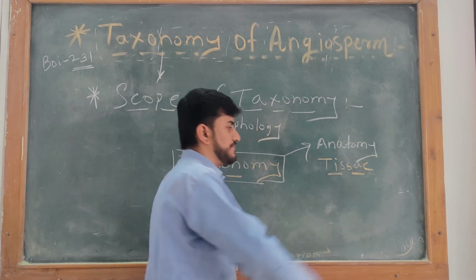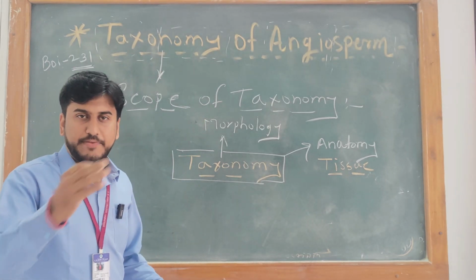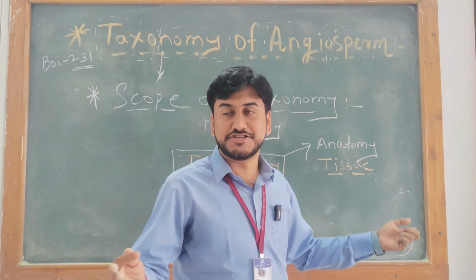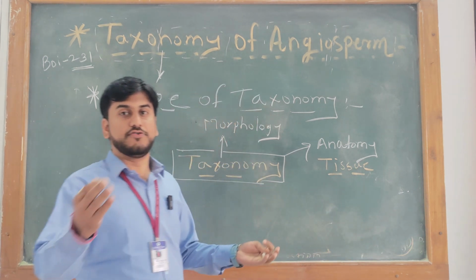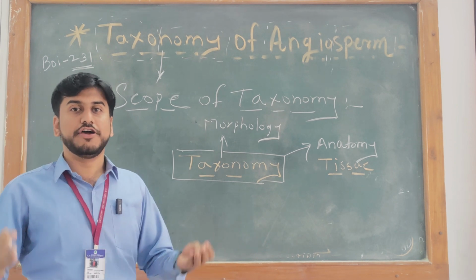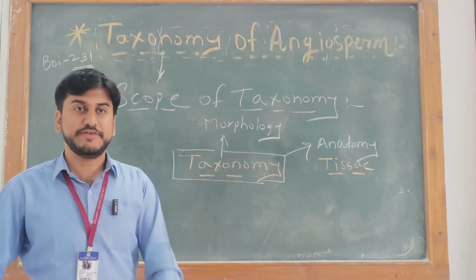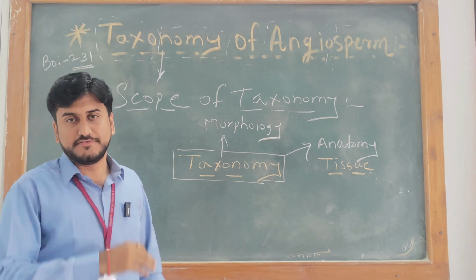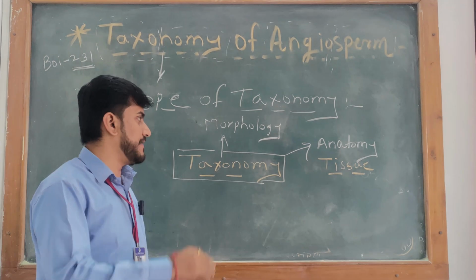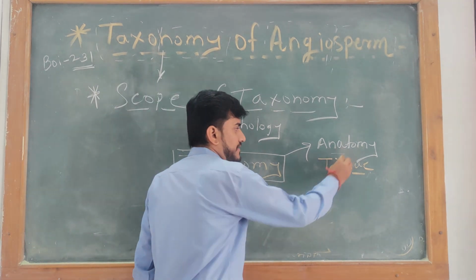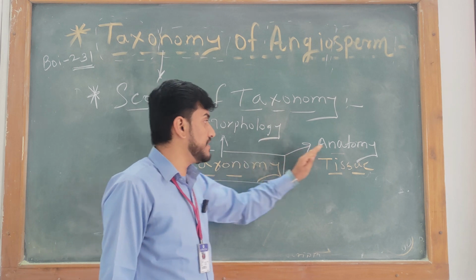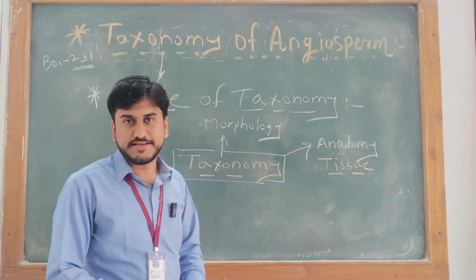Different tissues are present inside the plant body, for example epidermis, hypodermis, cortex region, parenchyma, sclerenchyma, collenchyma, xylem, phloem, vascular bundles, and the last one is the pith. So this is the anatomical feature, the internal structure. You have to observe it under a microscope, which is known as anatomy. So in taxonomy, anatomical features are also utilized.